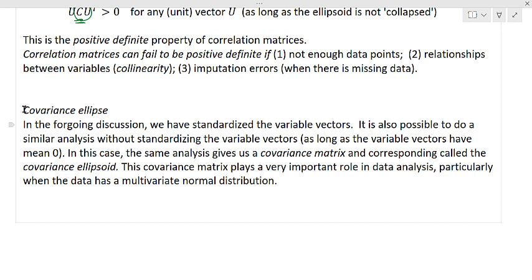Now, if you do this, then the same analysis will give you a covariance matrix and not a correlation matrix. A covariance matrix. And the corresponding ellipsoid is called the covariance ellipsoid. So this covariance matrix plays a very important role in data analysis, particularly when the data has a multivariate normal distribution. So that's just a teaser to relate this discussion to what you may see in the literature.